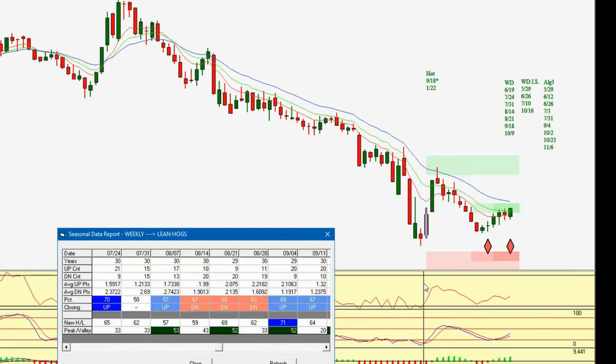The next question then is, followed by a decline? Well, you can't have a weekly swing top without a decline. That goes without saying, okay? If you're asking about a serious decline, well, that's not something that you can see from this, because everything here in the lean hogs market is already at very suppressed levels.